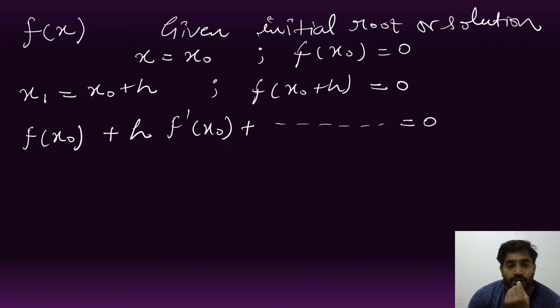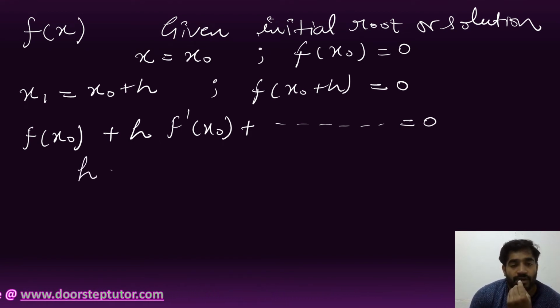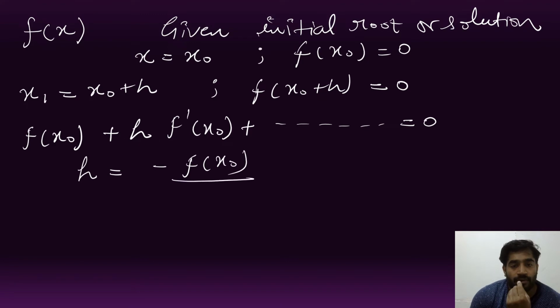Also h square, h cube mean higher powers of a small number. h is very small, maybe 0.001. So neglect the remaining terms. From here, I find h is minus f(x naught) upon f dash (x naught).